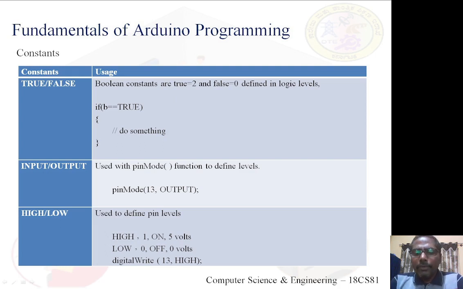When we write HIGH to any digital pin, it means we are writing the value 1. When you write the keyword LOW to any digital pin, it means we are writing the value 0. HIGH or LOW means 1 or 0. Alternatively, in terms of volts, HIGH means 5 volts, LOW means 0 volts. In terms of on-off state, HIGH means on state and LOW means off state.